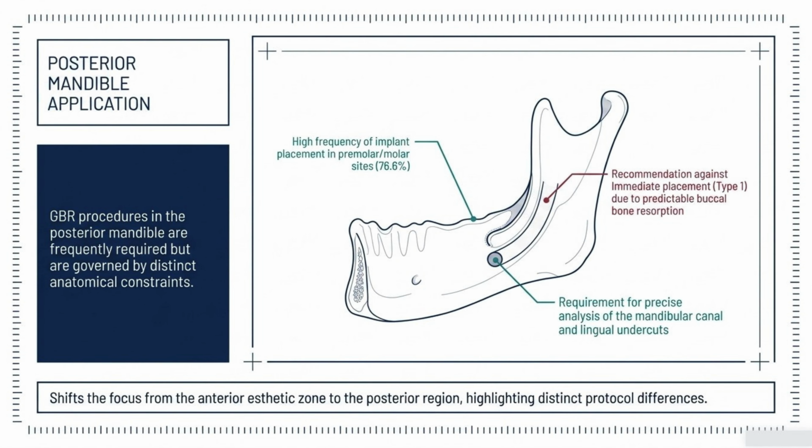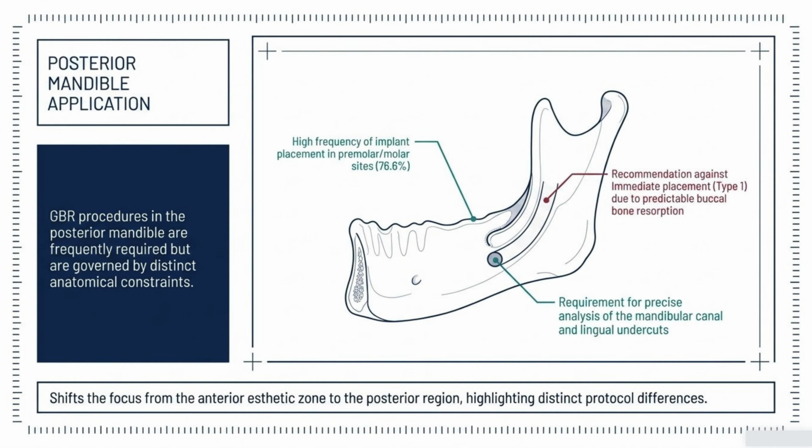We must also recognize that protocols shift when moving out of the anterior aesthetic zone. In the posterior mandible, where we see a high frequency of implant placement at 76.6% in premolar and molar sites, GBR procedures are frequently required but governed by distinct anatomical constraints.